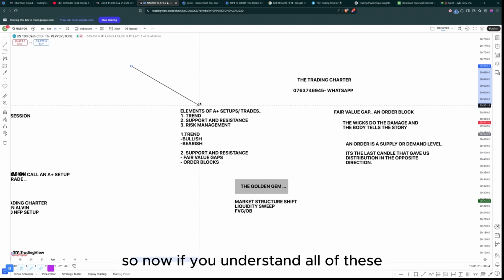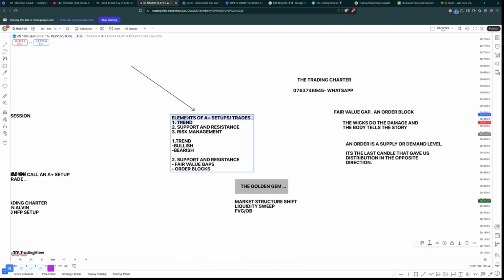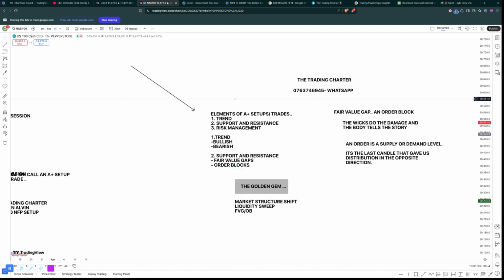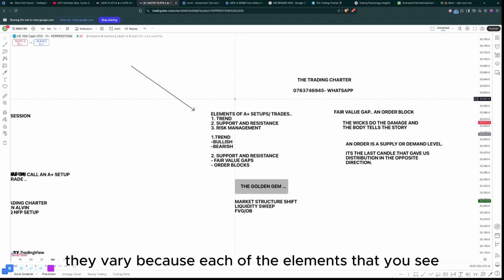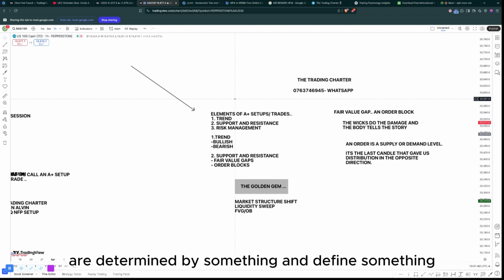Now, if you understand all of these, they all vary in different ways. They vary because each of the elements that you see there is determined by something and defines something.